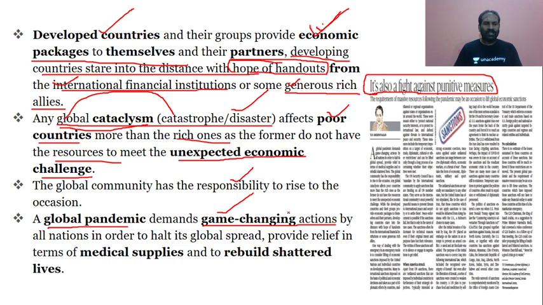Why? Because it requires game changing action by all the countries to halt its global spread. That means making sure that the COVID-19 pandemic will not spread across, but now it has spread.